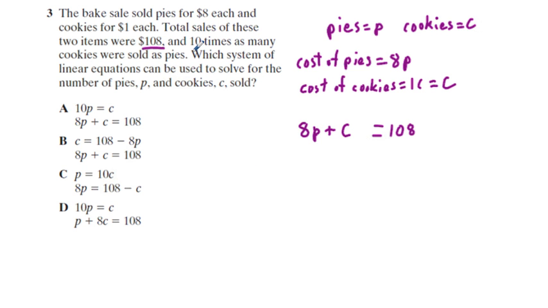And we have 10 times as many cookies sold as pies. So our number of cookies is going to be 10 times the number of pies. And these should be our two equations here. So 8p plus c equals 108, and c equals 10p.